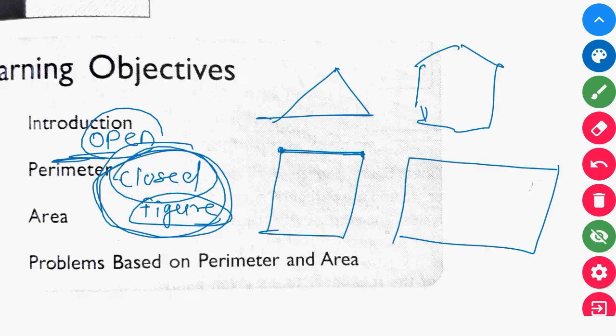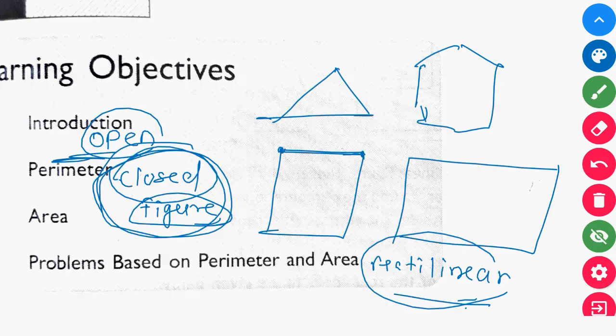Okay. So this figure is called a rectilinear figure also, and we are studying about perimeter. So we are considering only these rectilinear figures, which are closed ones, which are bounded by some line segments. So we are just talking about the closed figures.